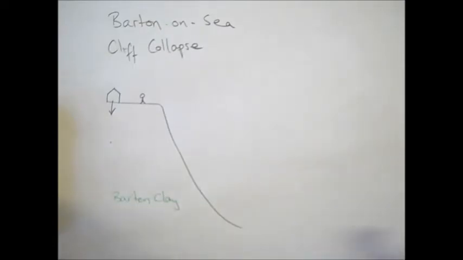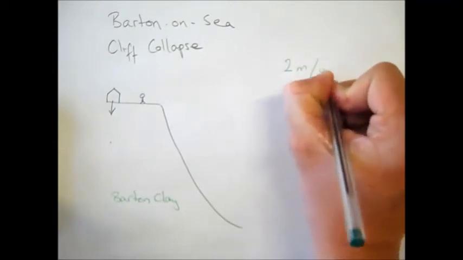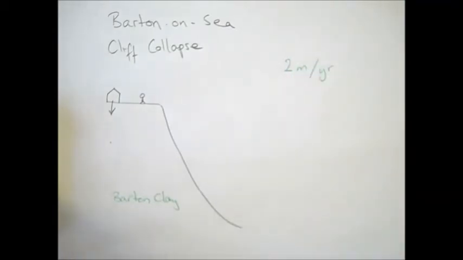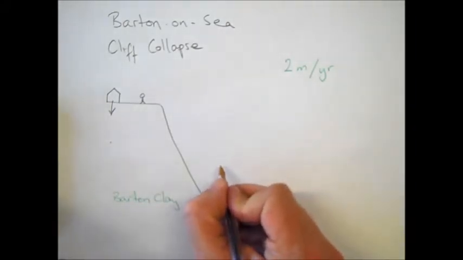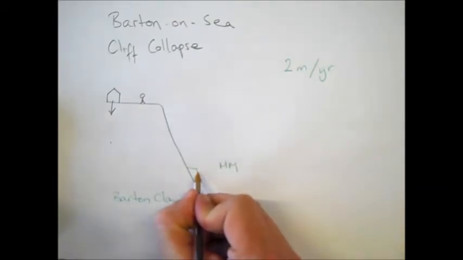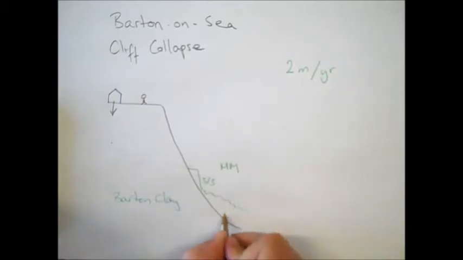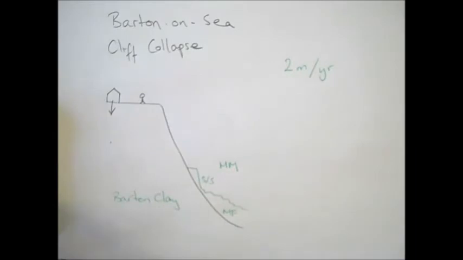It's eroded to such an extent that we're losing around 2 metres per year of cliff at Barton-on-Sea. Now these soft cliffs are really subject to large amounts of mass movement. Things like slumps and slides, and also mud flows where the material moves down in a more liquid fashion. Now this is quite common on most cliffs.